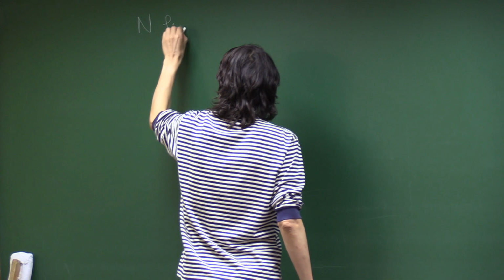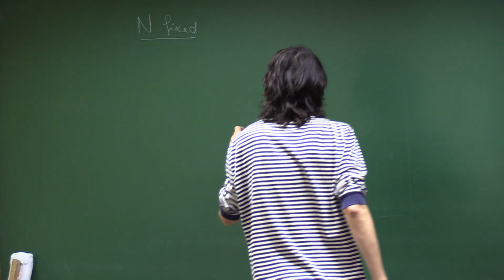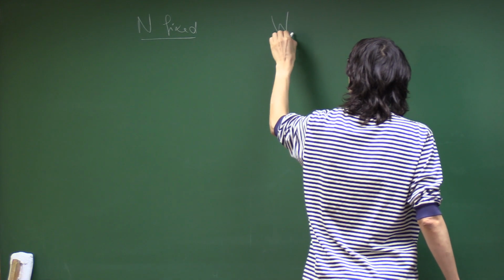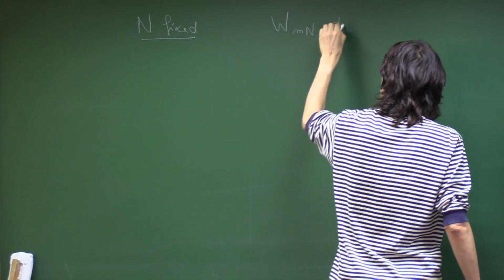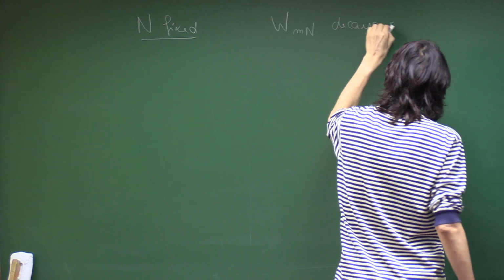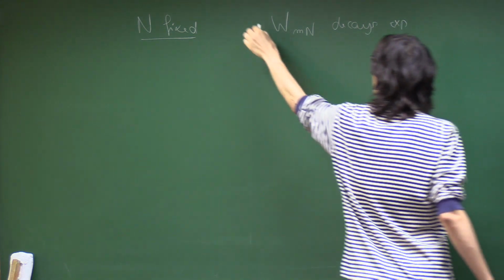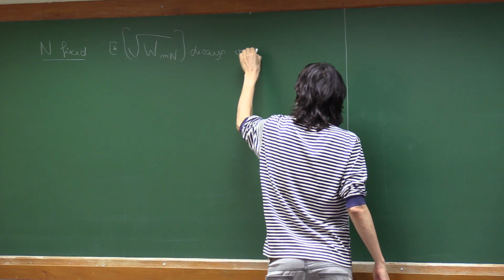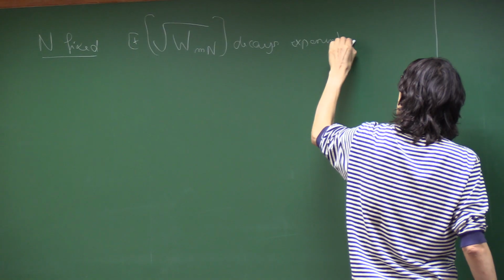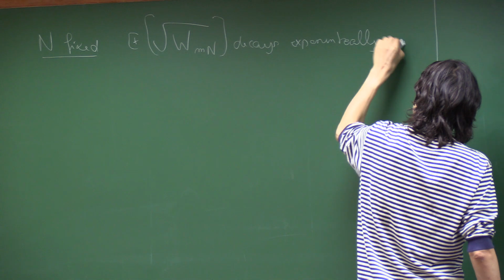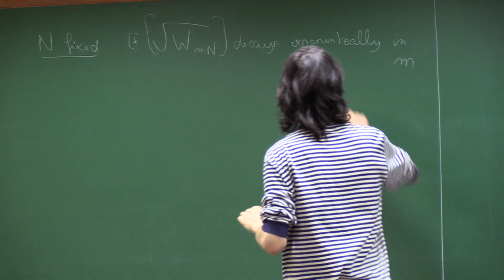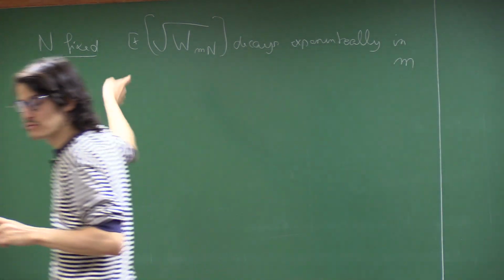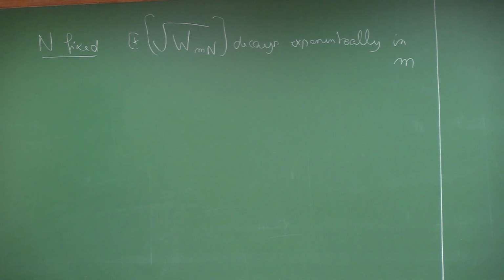N now plays a fixed role, and we are going to show that Wmn decays exponentially in m. If we show this, then we have very strong disorder.